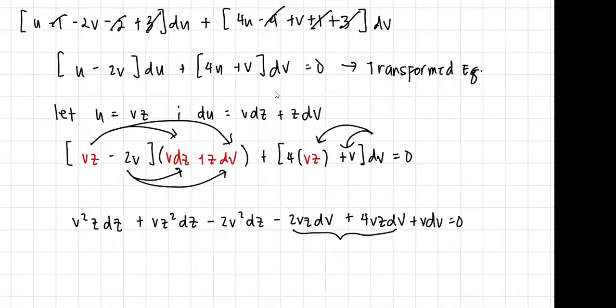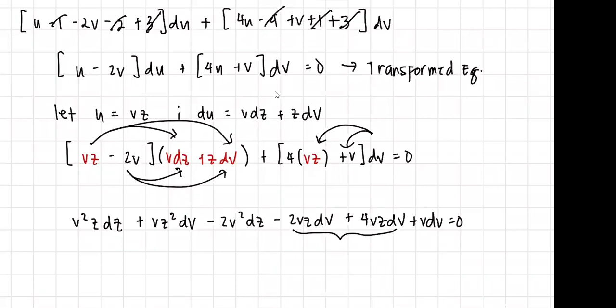Okay. All in all, what we can combine is just the given fourth and fifth terms. So we factor out the common terms in our given equation. So v squared z dz, vz squared dv, okay, so dv minus 2v squared dz minus 2vz dv, or vz dv plus v dv.